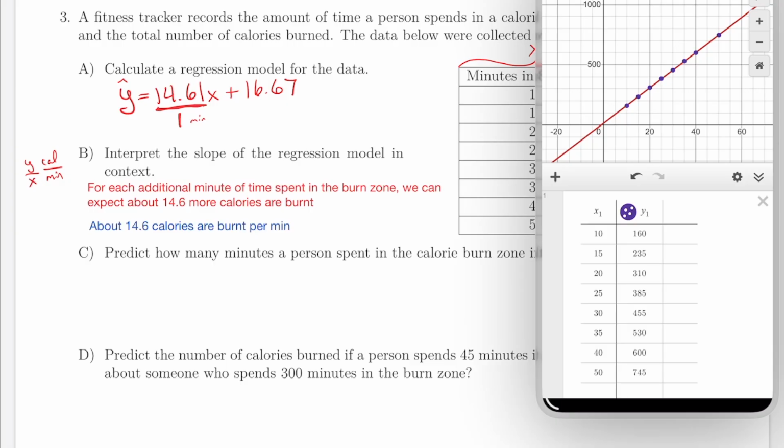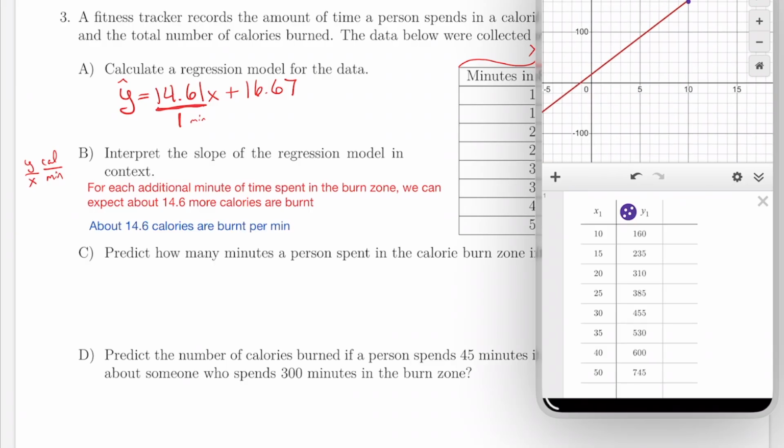It doesn't make sense to say I've exercised 0 minutes and I've burnt 16.69 calories in the burn zone. Now, I realize that our body metabolism is always going and we're constantly burning calories, but that's not what this means. So in this case, it doesn't really make sense to talk about at time 0 we burnt 16.69 calories. It's true for the model, but remember that is extrapolation.